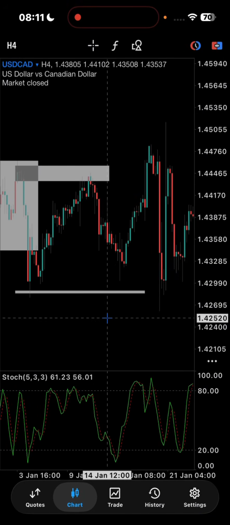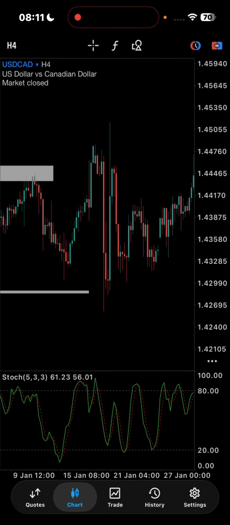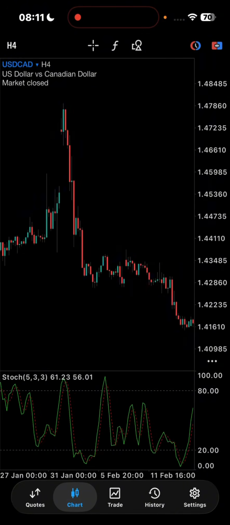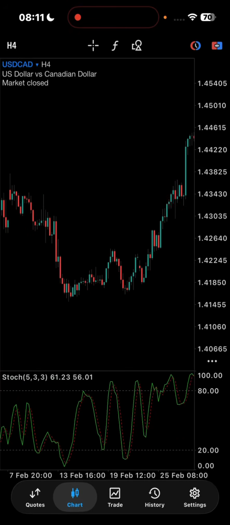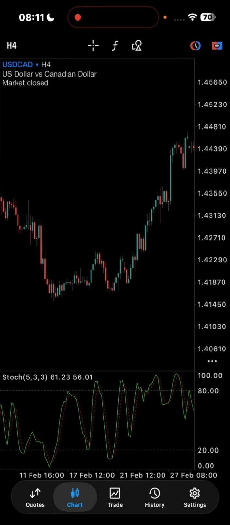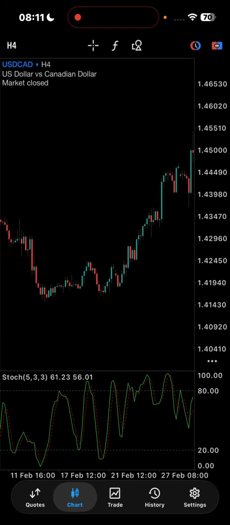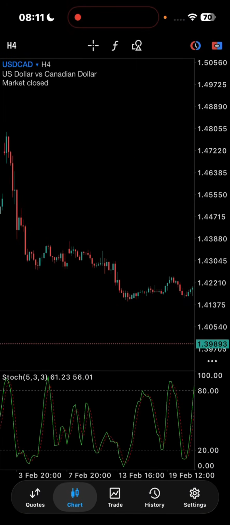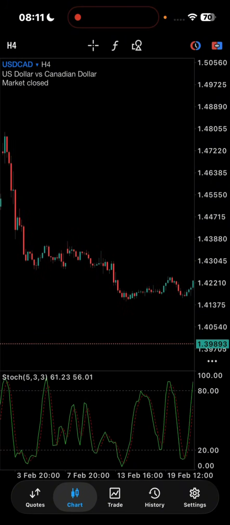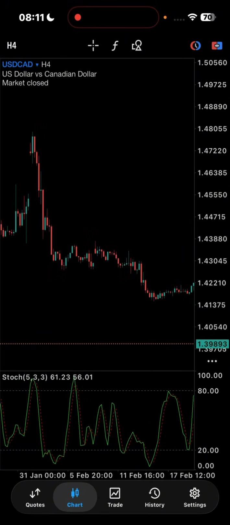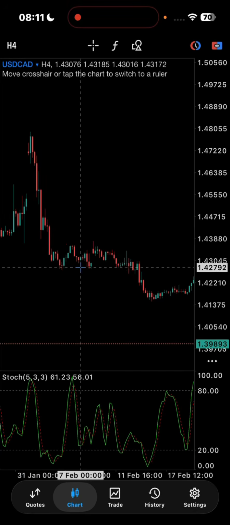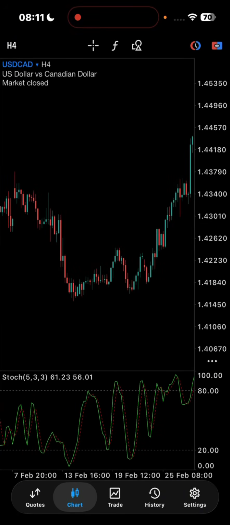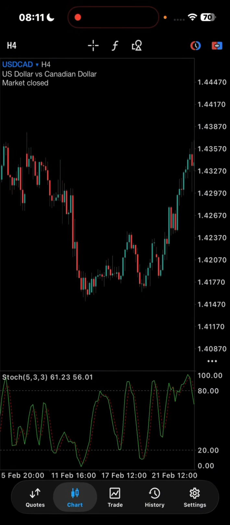But since it did not break, we'll just ignore it and watch the reaction of the market and see where the next possible movement is going. From here we are having a very strong bearish movement, market reacting to this. This tells us a story about this place.